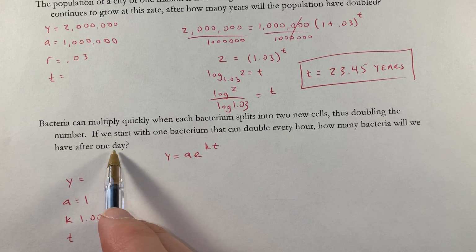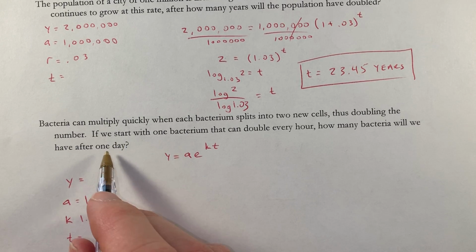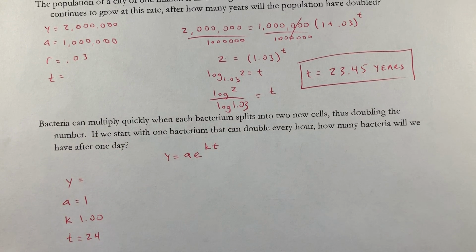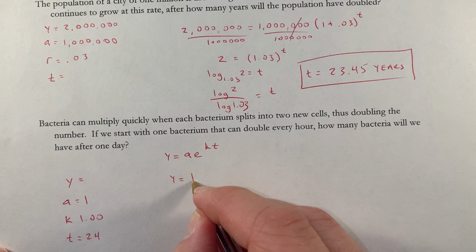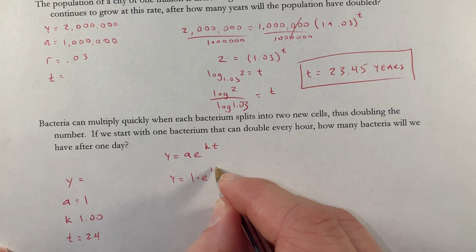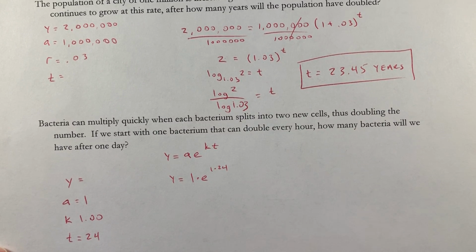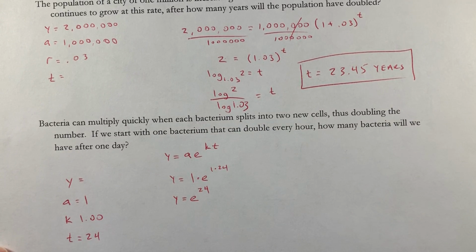It's doubling every hour. So that means after 1 day, we've gone 24 hours. So y equals 1 times e to the 1 times 24 power. We can simplify that to e to the 24th power.